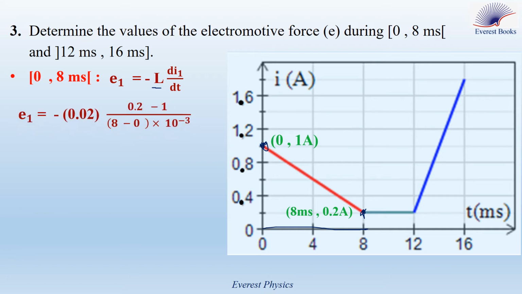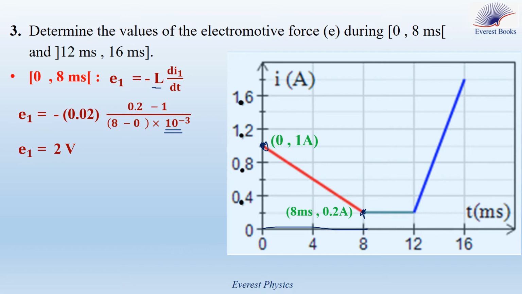The inductance is 20 millihenries, it becomes 0.02 henry, and dI1 by dt is equal to the slope, which is equal to delta I by delta t. So we take I2 minus I1 over t2 minus t1, and be careful, the time must be expressed in SI, in seconds. So the millisecond is converted to second by multiplying by 10 to the power minus 3. And the answer is E1 is equal to 2 volts.